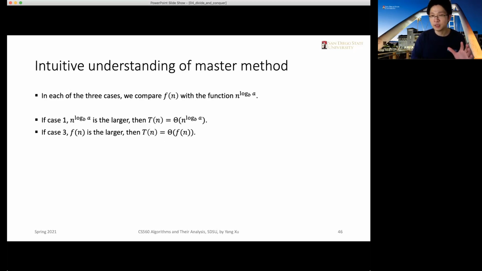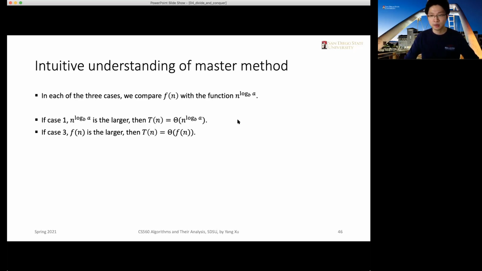In case 3, on the opposite side, if f of n is the dominant function, then the solution is also dominated by f of n. That is intuitively very easy to remember: we just choose whichever is the dominant term.